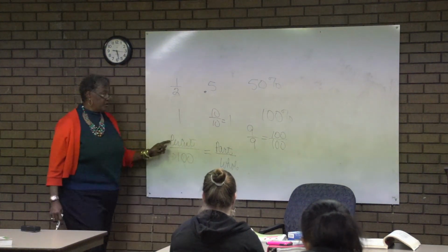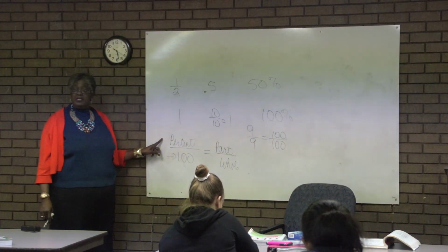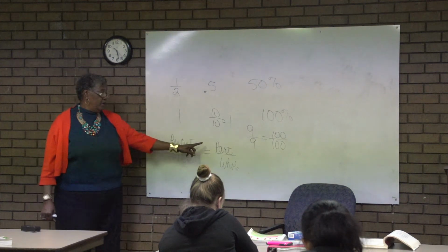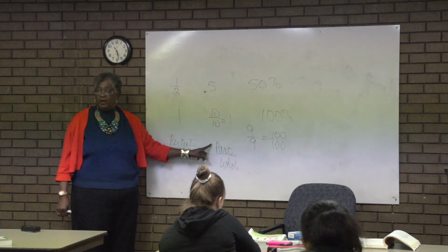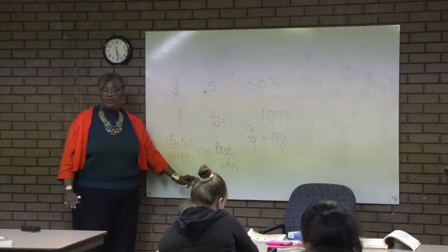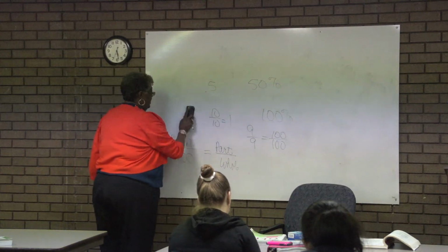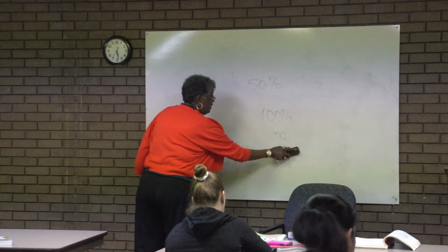Those are the 3 things you can look for in a percent problem. You're either going to be looking for the percent, the part, or the whole. Those are the only 3 things you can deal with in a percent problem. So that's the thing that you need to know when you see it's a percent problem.